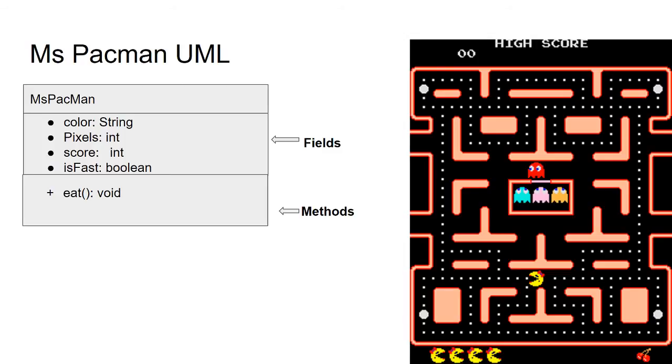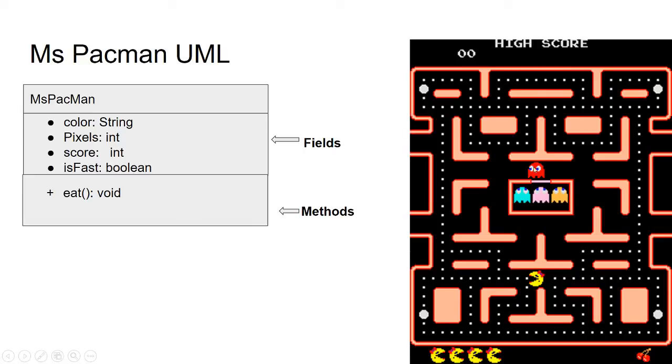Well, if we look at this Miss Pac-Man UML diagram, we see that we have a lot of properties or fields: color, pixels, score, is fast, and then we have the method, eat. So how does this relate to a class? Well, this is your class, Miss Pac-Man. A class is essentially like a blueprint that holds all your fields and all your methods.